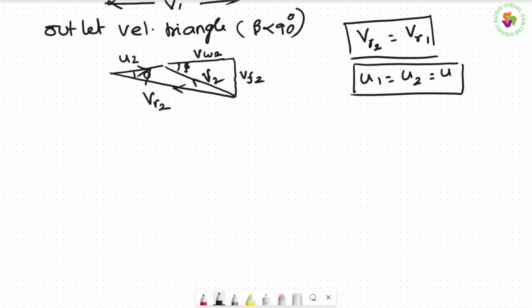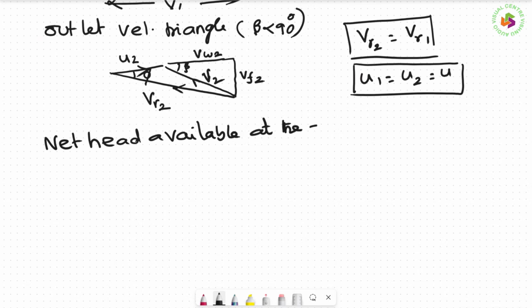Gross head minus loss in the pipe and loss in the nozzle gives the net head available at the entrance to the turbine, which is equal to H. This is the net head.